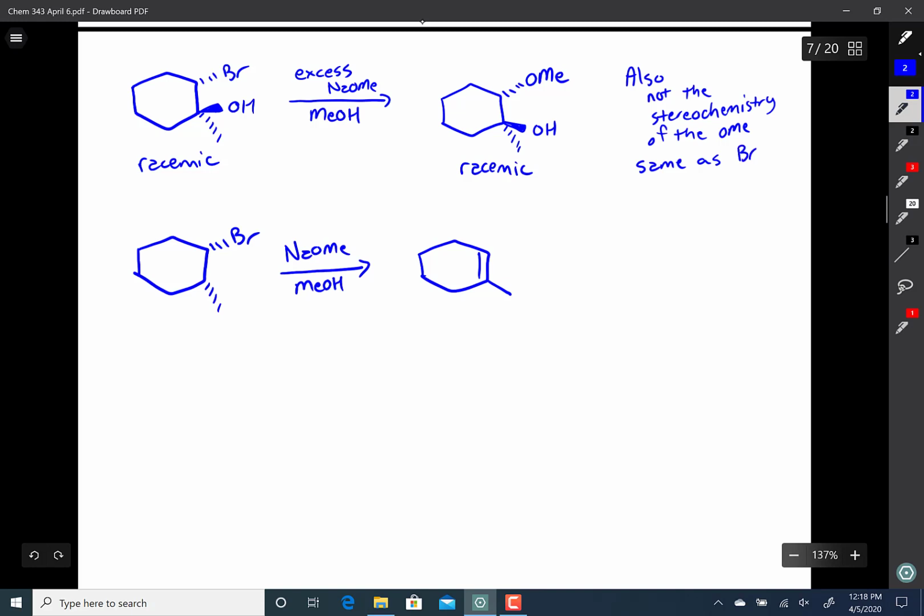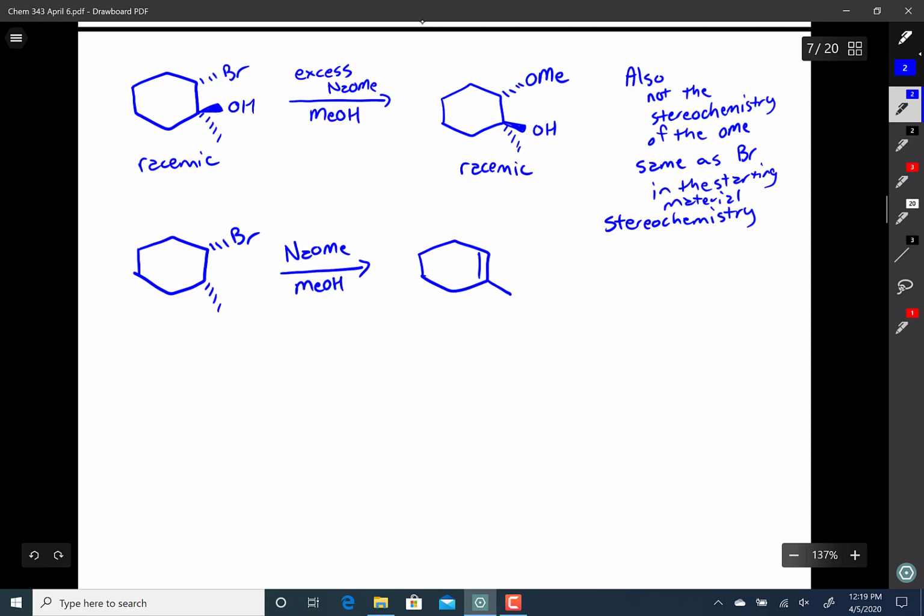It's the same as the Br in the starting material. The stereochemistry stayed the same.